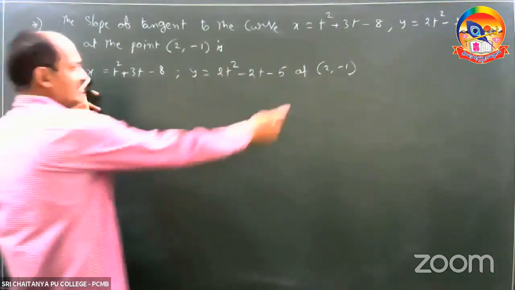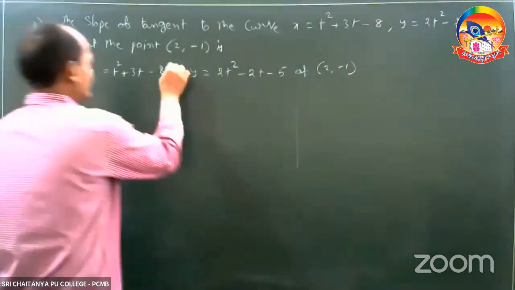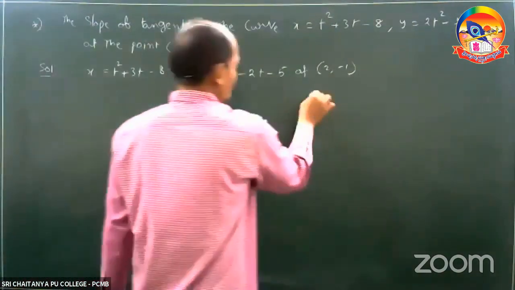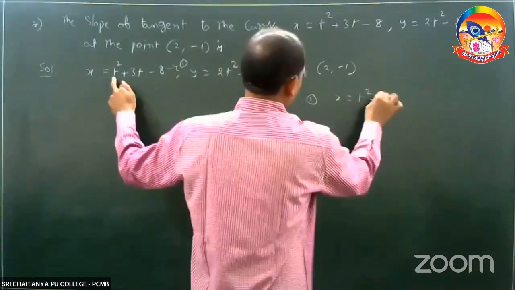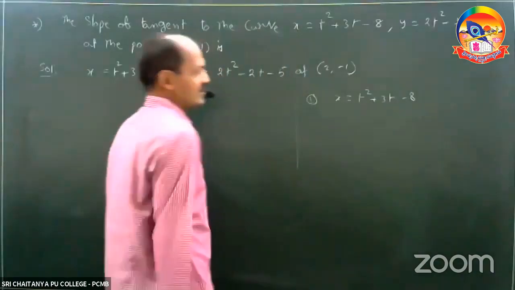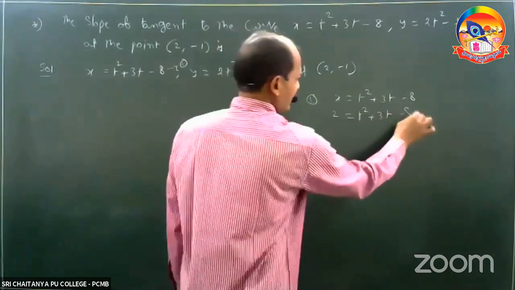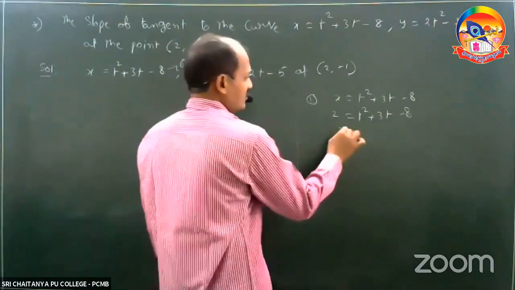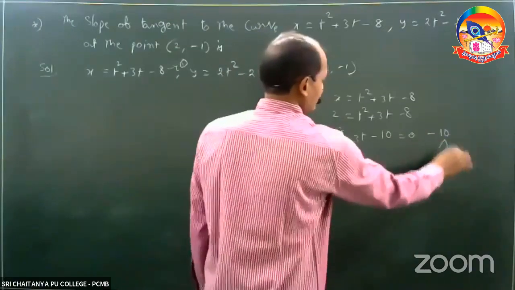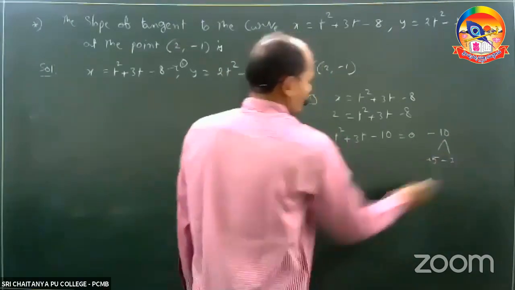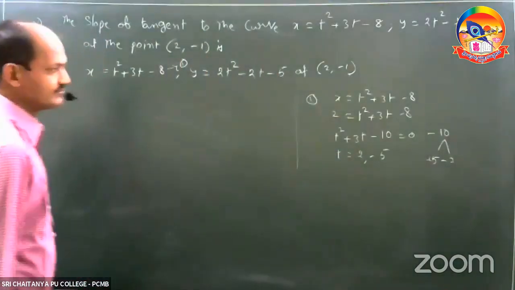So if x is equal to 2, equation 1 implies x is equal to t square plus 3t minus 8. If x is considered 2, it is t square plus 3t minus 8. So t square plus 3t minus 10 is equal to 0, minus 10 factors. Therefore, clearly we get t is equal to 2 or minus 5.